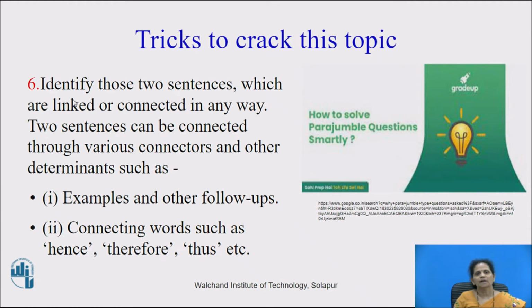The next one, identify those two sentences which are linked or connected in any way.